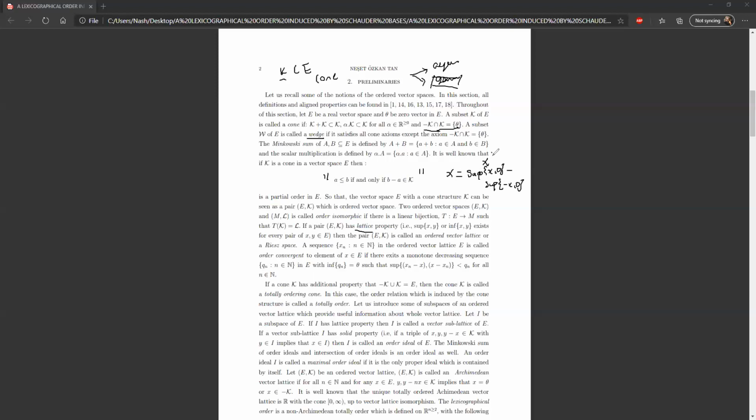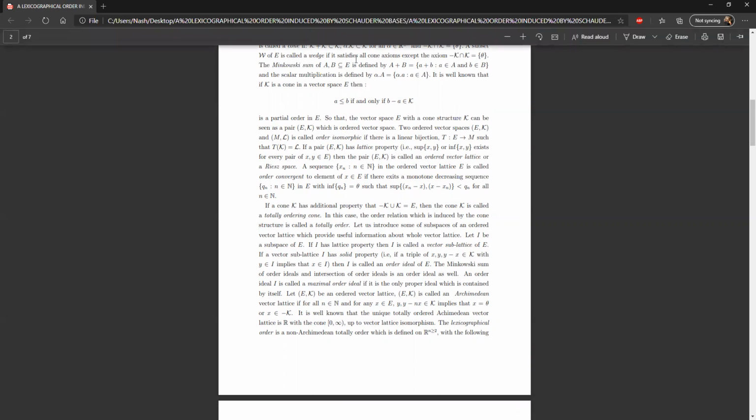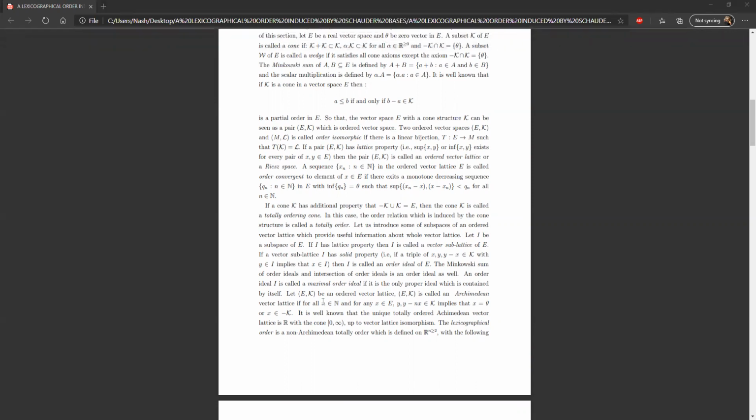Actually, we use a different notation for that as well. Anyway, if the union of the negative part of the cone and the positive part of the cone gives us the whole vector space, then definitely we have a totally ordered cone. That means we can compare each element to each other, right?